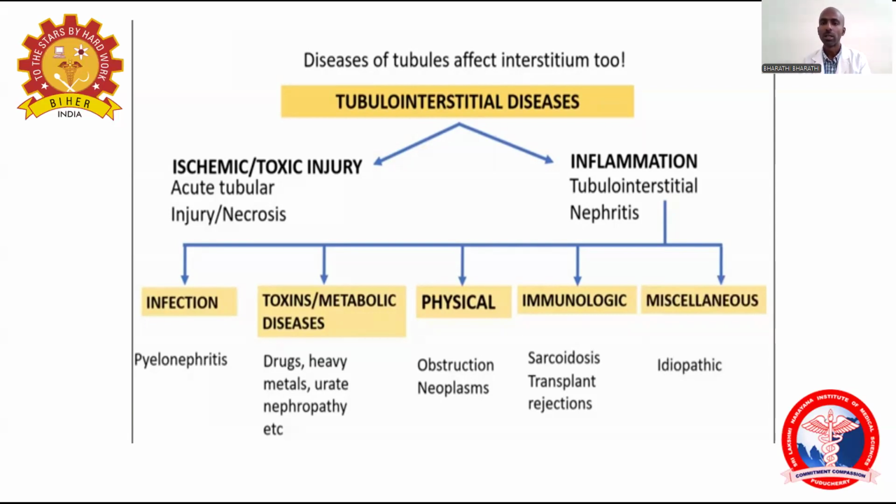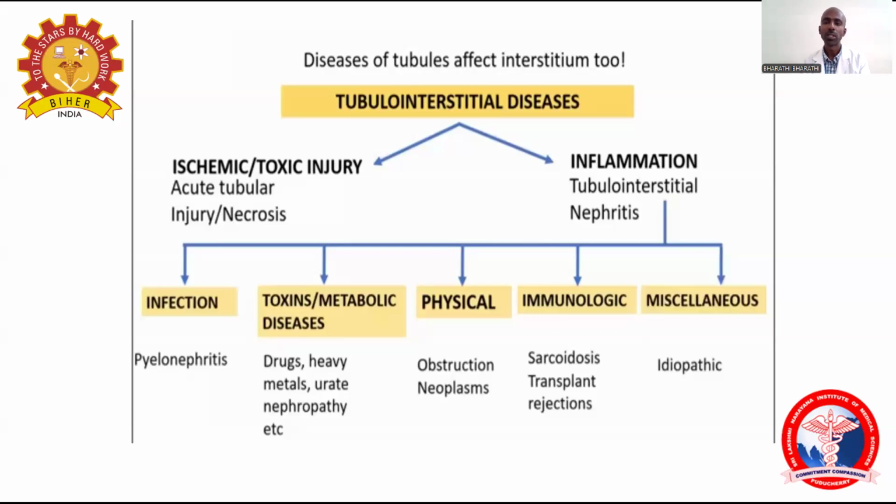In inflammation, if it is due to infection, we'll term it nephritis. And if the inflammation is due to heavy metals, toxins, drugs, or metabolic diseases like uric acid nephropathy, this also causes inflammation that will result in tubulointerstitial nephritis.